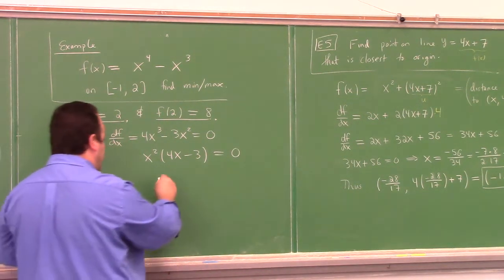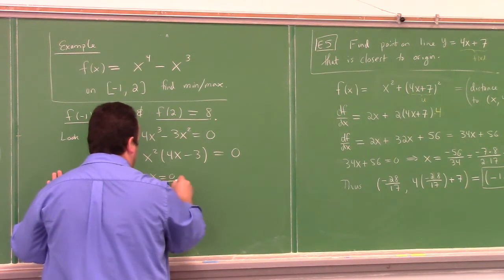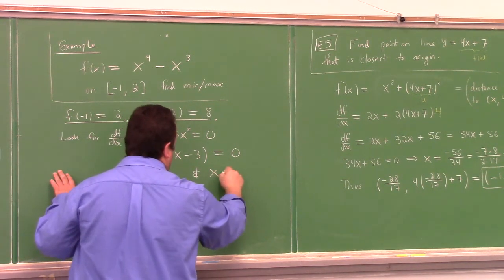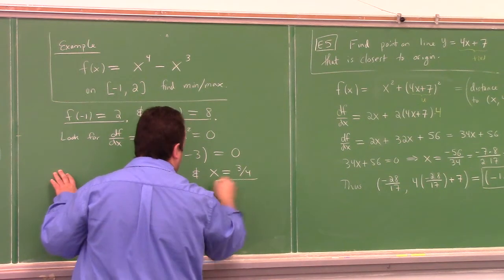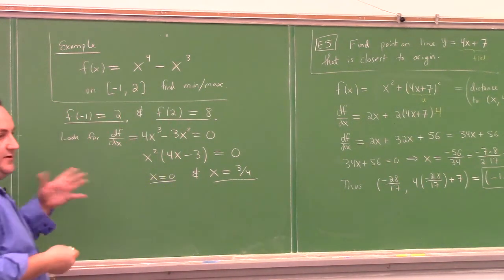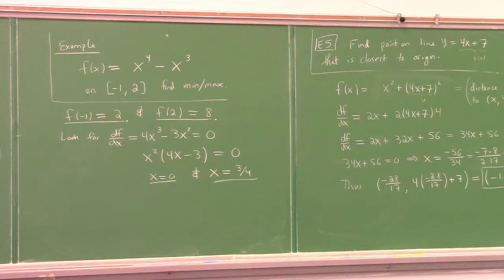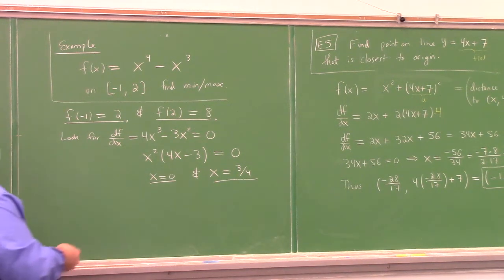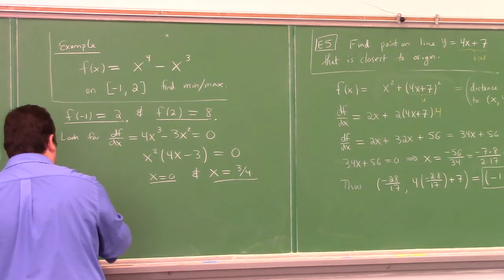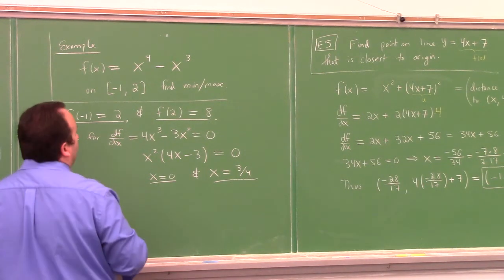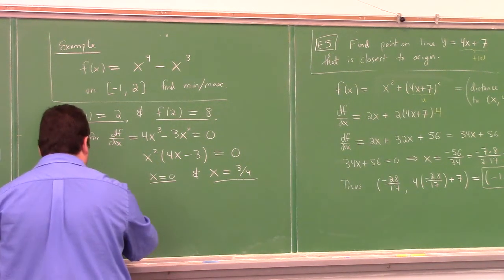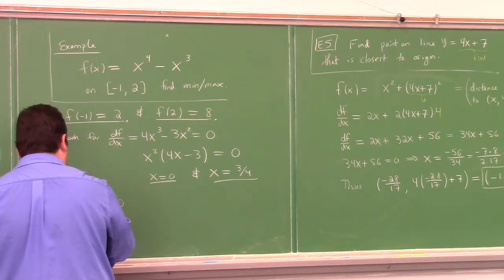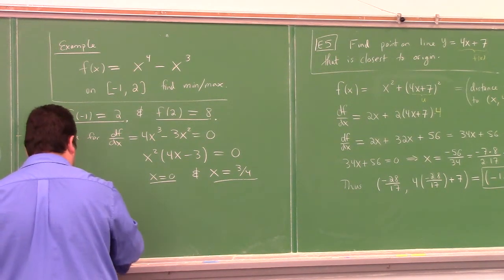My critical numbers are at 0 and x equals 3/4. Those are my critical numbers. So those are the other contestants in the game of winners and losers here. So I need to calculate f of 0, which is what? 0. And f of 3/4, what's that?